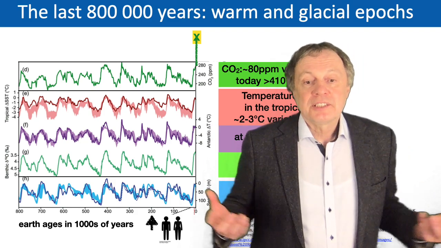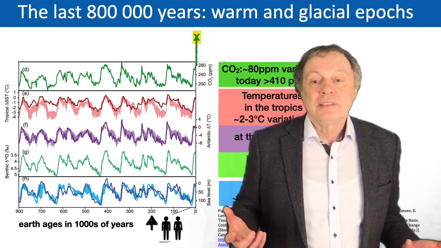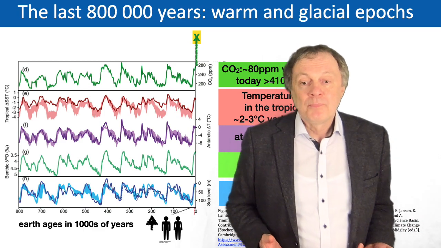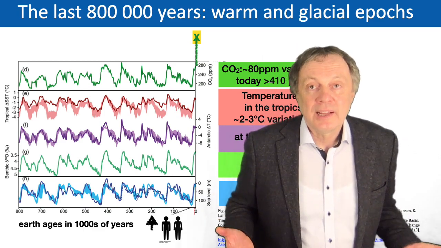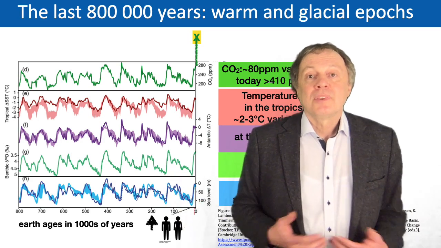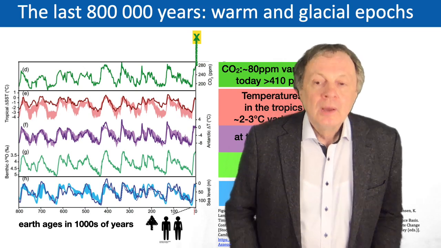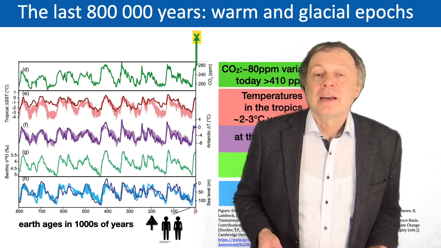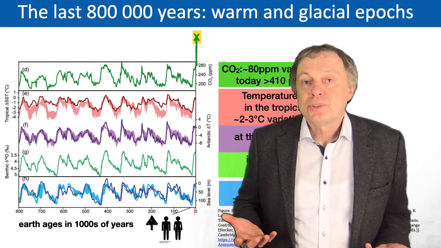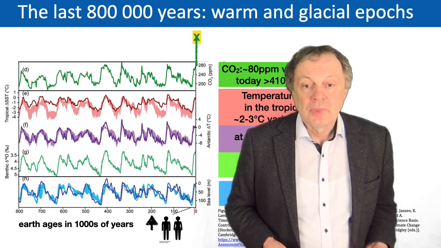Now, of course, the question is, what is the reason for the correlation between CO2 and the temperatures? The correlation between temperature and sea level is easy to understand. This is the glacial ice which is melting. But what about CO2? Of course, somebody knowing about greenhouse gases knows that when there is more CO2 in the atmosphere, the temperature will rise.